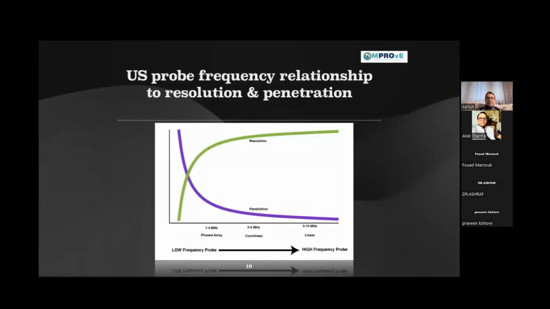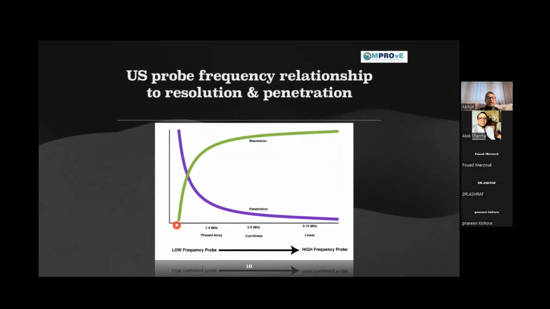This is the graph which shows you the different probes with their different frequencies. You can see the lower frequency probes on this side, which are the phased array probes. We particularly use the phased array probes for echo, trying to see the deeper structures, looking deep into the heart and the vessels.